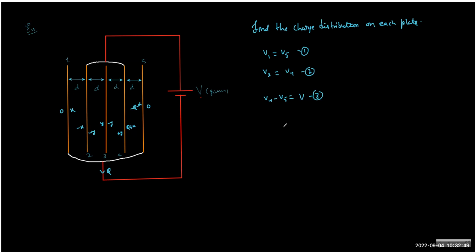So these are the governing equations. How many variables do we have? We have two variables x and y. So we need two equations to get x and y in terms of q. And then to relate the q with voltage, we need the third equation. So basically there are three variables: capital Q, small x, small y.